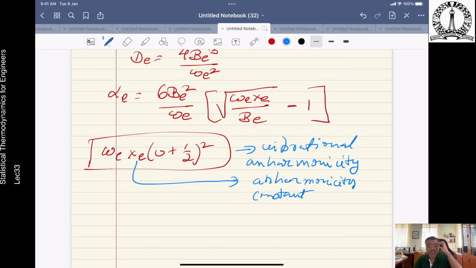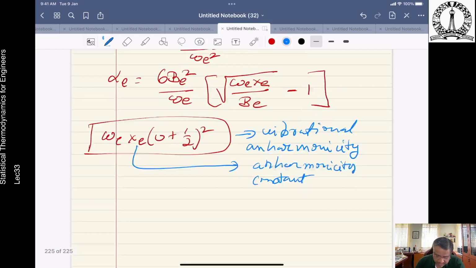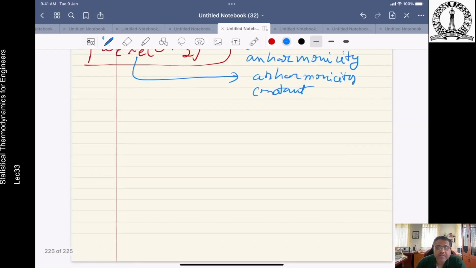The typical energy levels for an anharmonic oscillator can be shown by this particular thing. Just let me draw this for you.